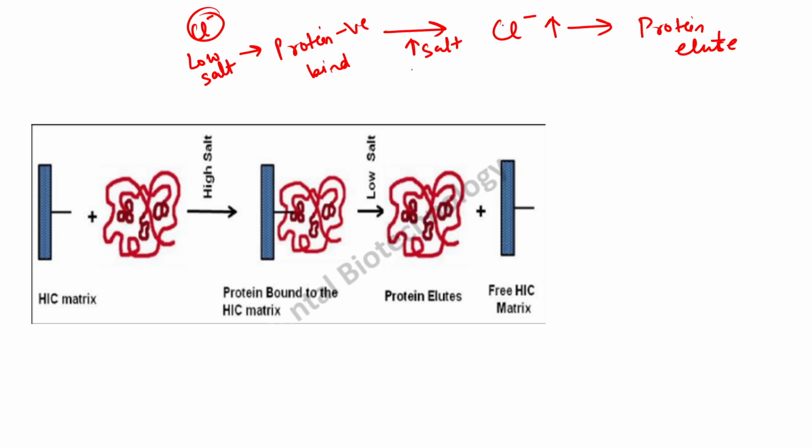By changing the pH, you can change the charge on the protein. So if binding is because the protein is negatively charged, and I change the pH, the protein will lose its negative charge and automatically elute out of the column. So that is what was happening in ion exchange chromatography, IEX.